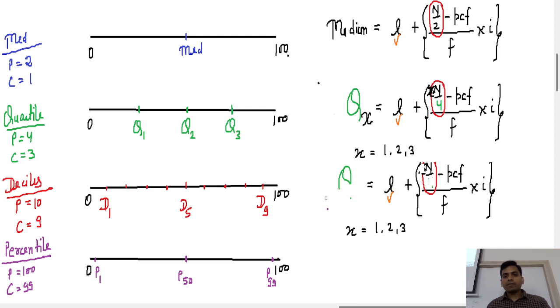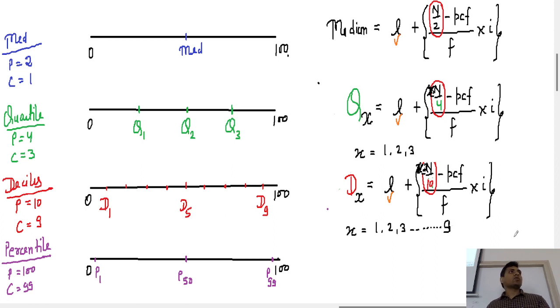Decile is denoted by D, so we will put D here. And for decile, this quantity is divided by 10 because of the number of parts. How many deciles are possible? 9 deciles are possible. Okay, so we will put Dx and x into n upon 10, and x is equal to 1 to 9.